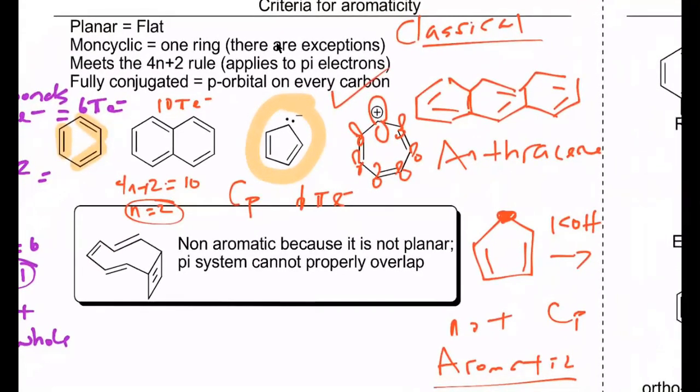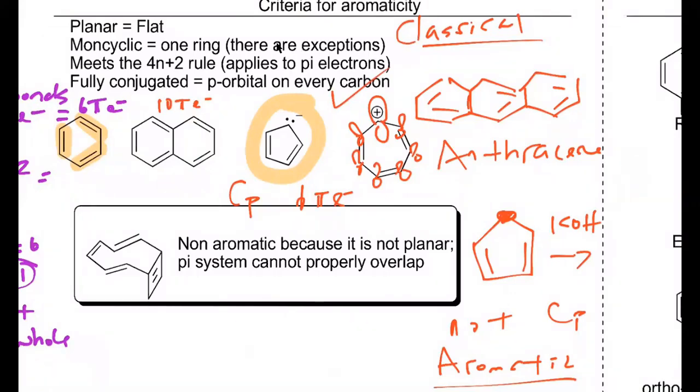So for clarification, was the second one aromatic? This one? Yeah, it is. It's an exception to the rule. Let me put that here. So are these all exceptions except for the benzene in front?